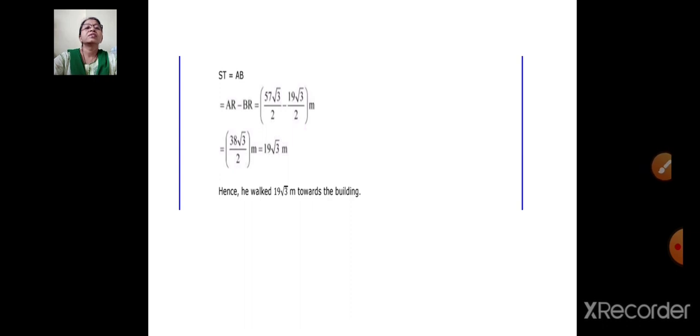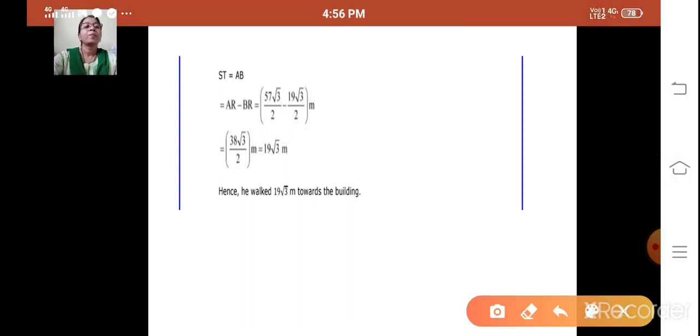So the distance AB is equal to AR minus BR. AR is 57 root 3 divided by 2 minus 19 root 3 divided by 2. Denominators are same. So LCM is 2.